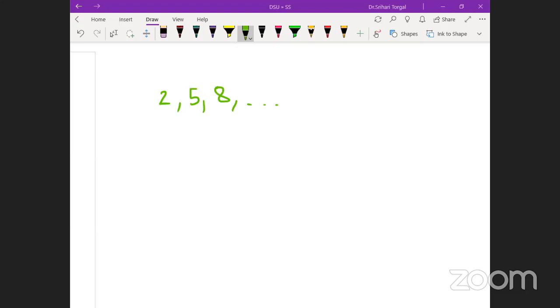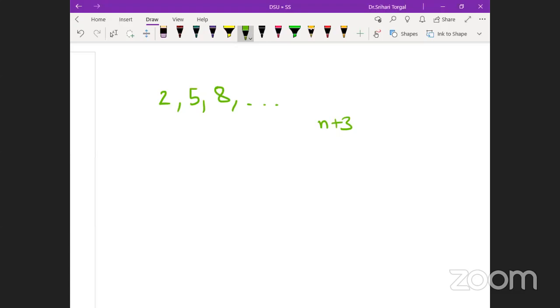Nth term is what? Infinity? No, I'm asking the nth term. Nandita is saying it is n plus 3? No. Yeah, AP, exactly.